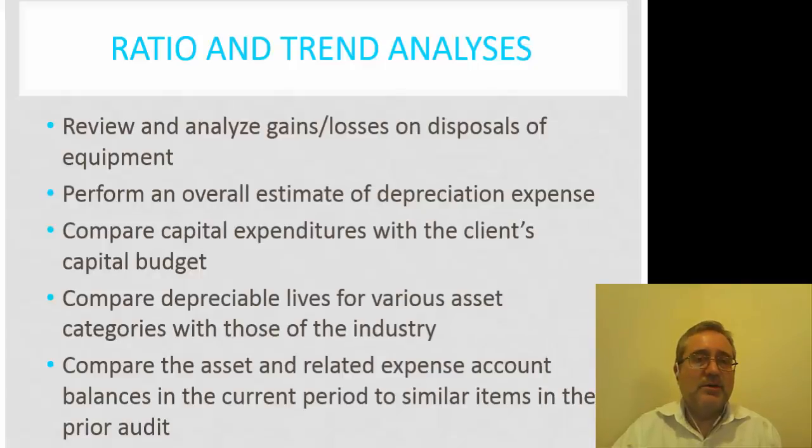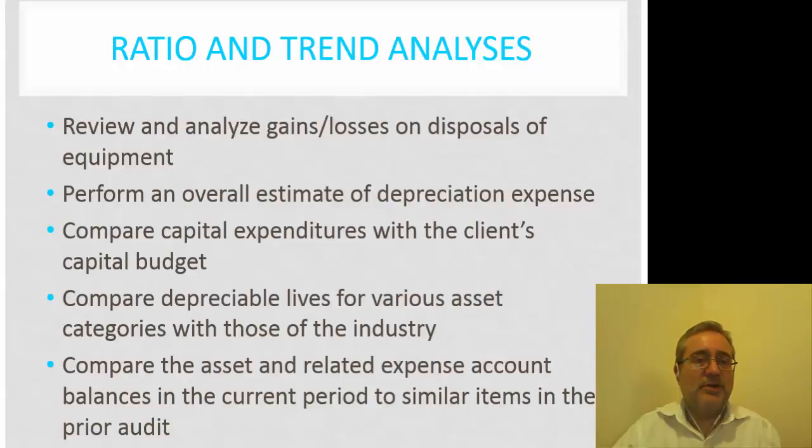One of the things that becomes very important as we gain an understanding of these accounts, as well as determine what type of substantive procedures we're going to do, is to understand how we might be able to use ratio and trend analysis in the analysis of long-term assets. In this case, we're going to review and analyze any gains and losses on disposal, perform an overall estimate of depreciation, and compare this to prior periods.